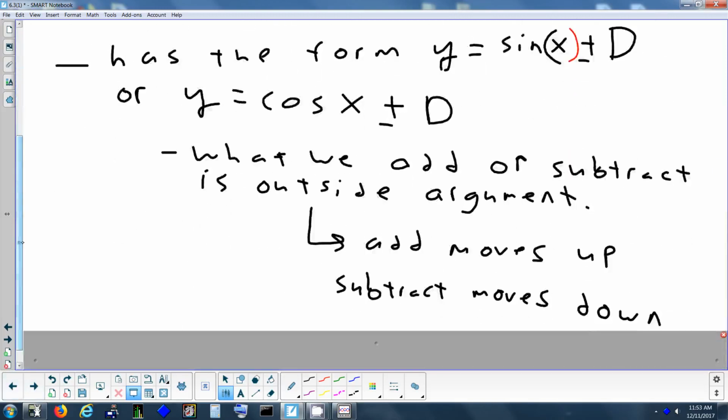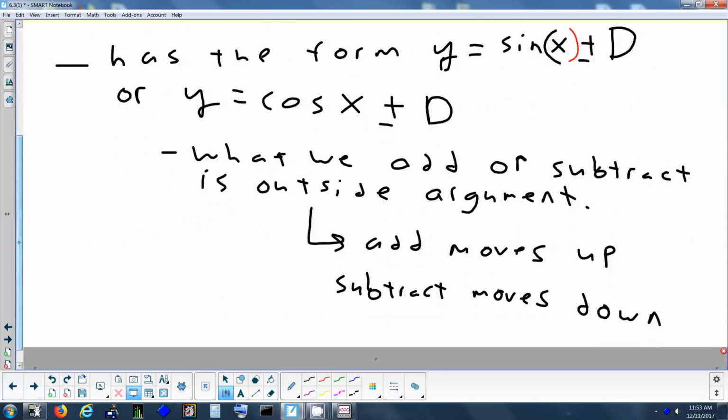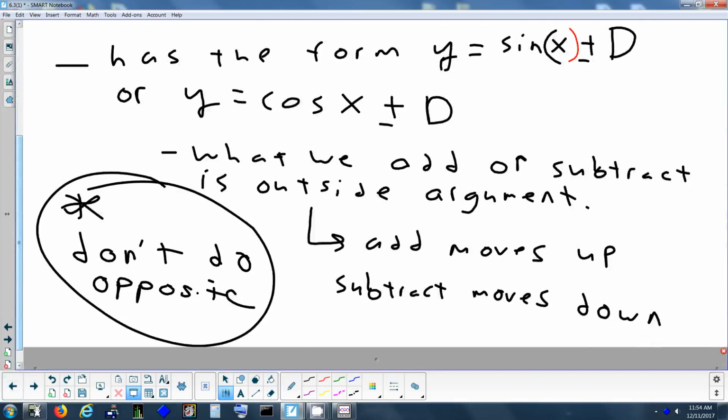And with vertical shift, you do exactly what you would expect. Positive is up, negative is down. Don't do the opposite. When you do the opposite, that was phase shift. Vertical shift, you do exactly what you see.